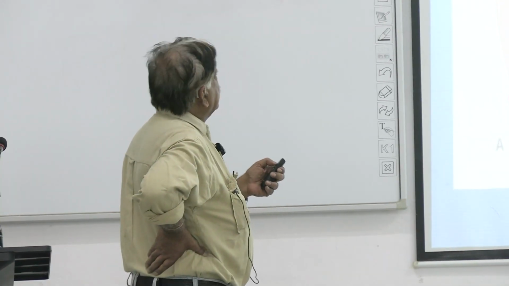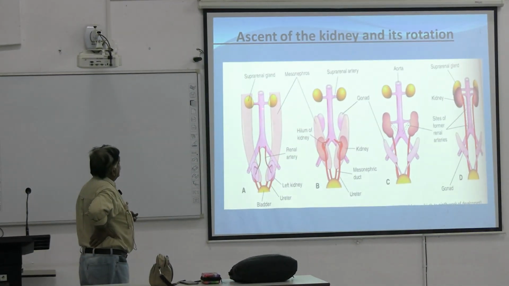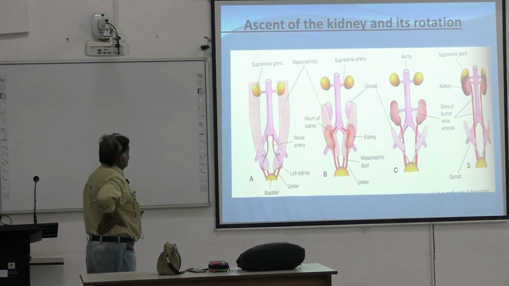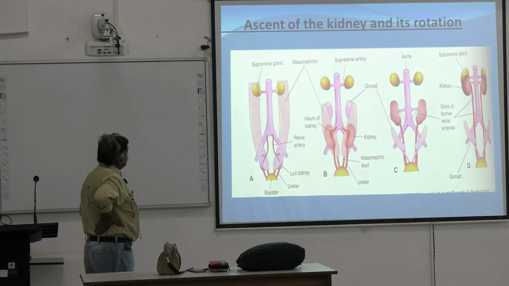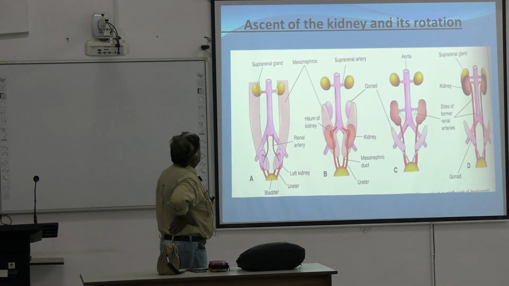Now, in previous days I discussed the ascent of the kidney and its rotation. You see the suprarenal gland, the mesonephros, the hilum of the kidney, the renal artery, left kidney, this is the right kidney, the ureter and the bladder. And this is the ascent of the kidney. Now, the gonads, hilum of the kidney, mesonephric ducts and ureter.